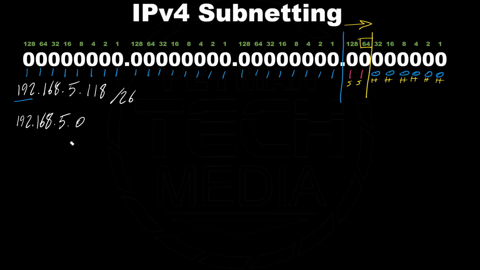Now what would be the next subnet? We have to increment by 64. The last bit turned on, its decimal value, is our network increment, on the last octet. Let's increment by 64 on the last octet: 192.168.5.64. And the next one, 64 plus 64, 128.